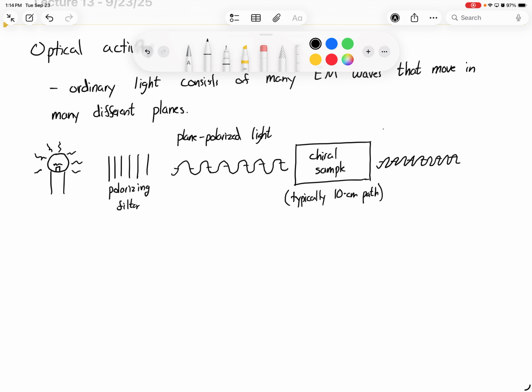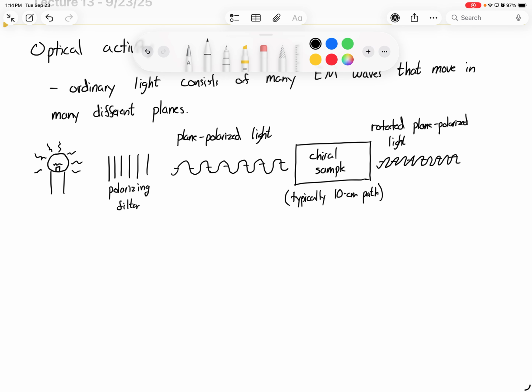So here we can have rotated plane polarized light. All right, I might want to move that over a bit.